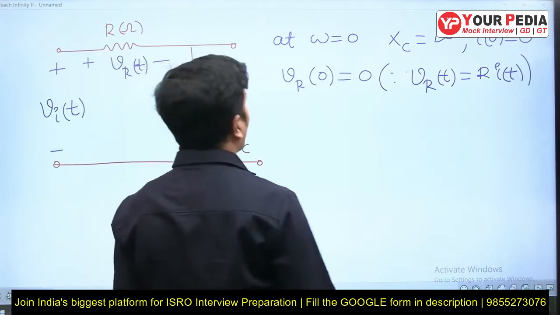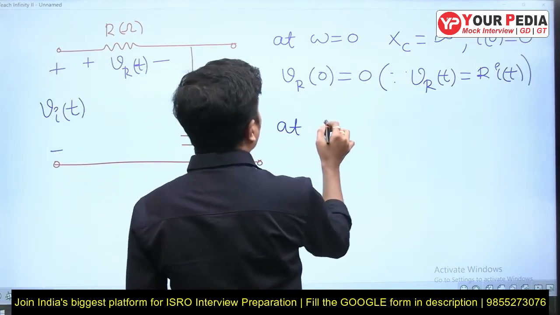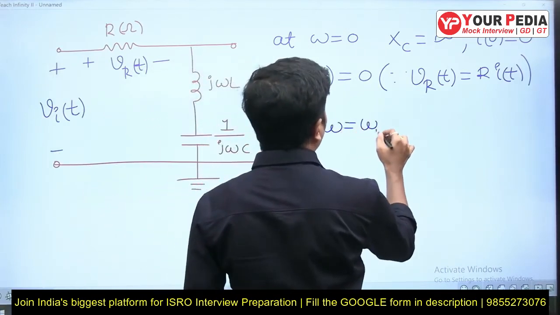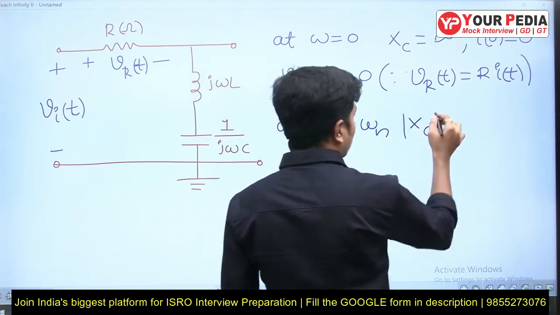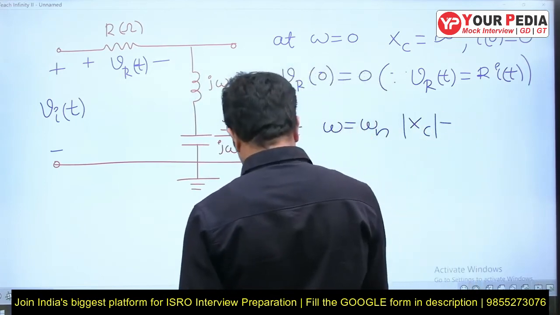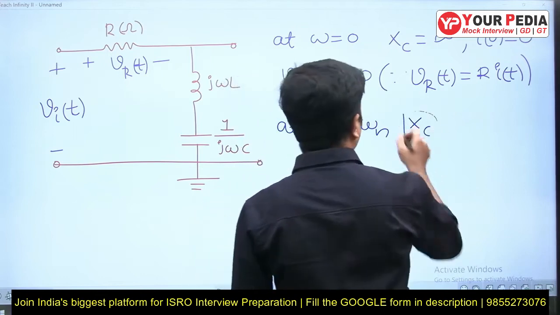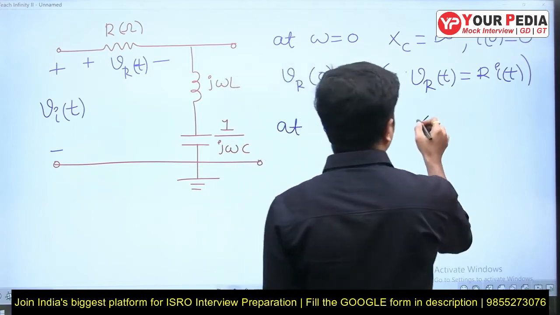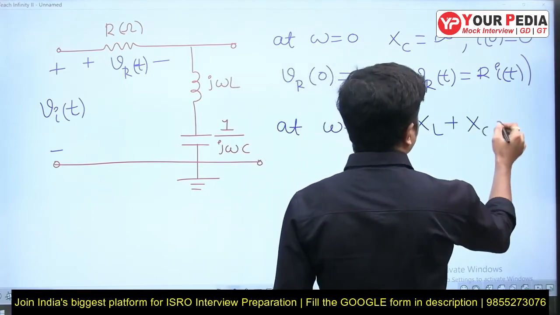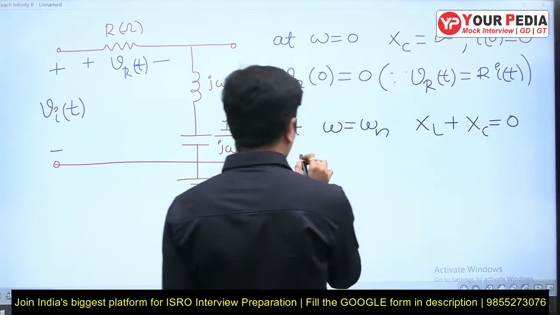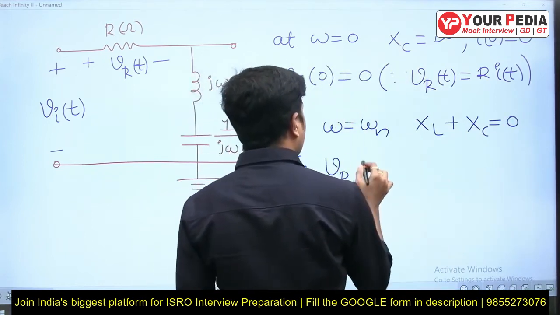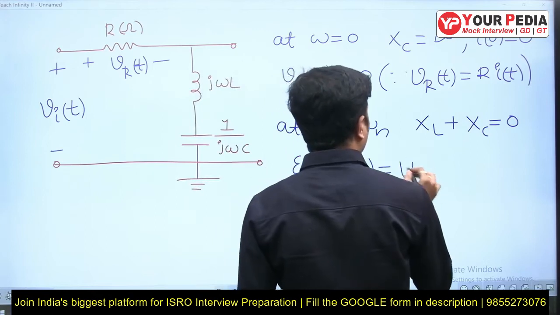Now at omega equal to omega n, XL plus XC is equal to 0 and Vr of t is equal to Vi of t. Why?